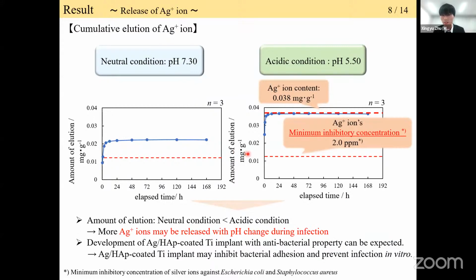But once there is an infection and the pH condition in our mouth has changed, it would release everything. As I said, currently I have no solution for this problem. Okay. I'm sorry. Thank you very much.